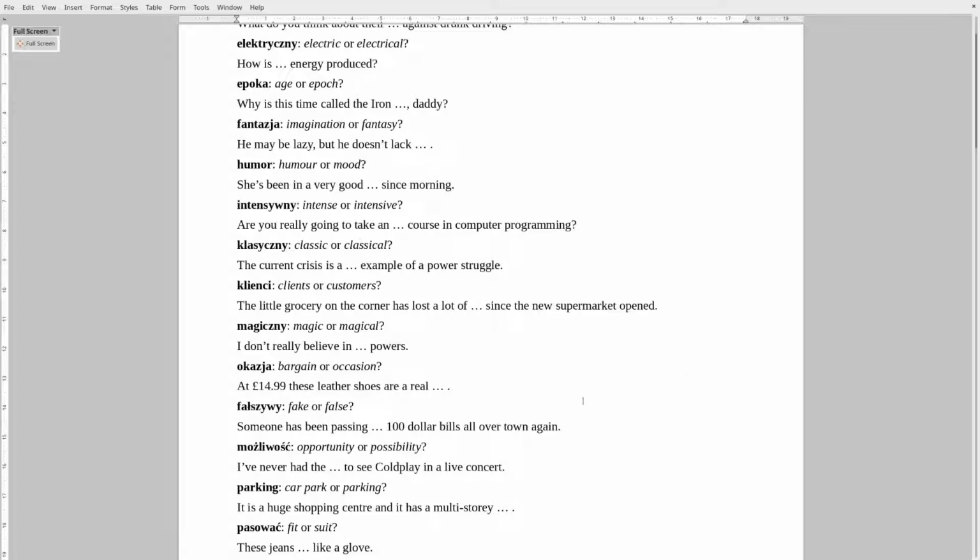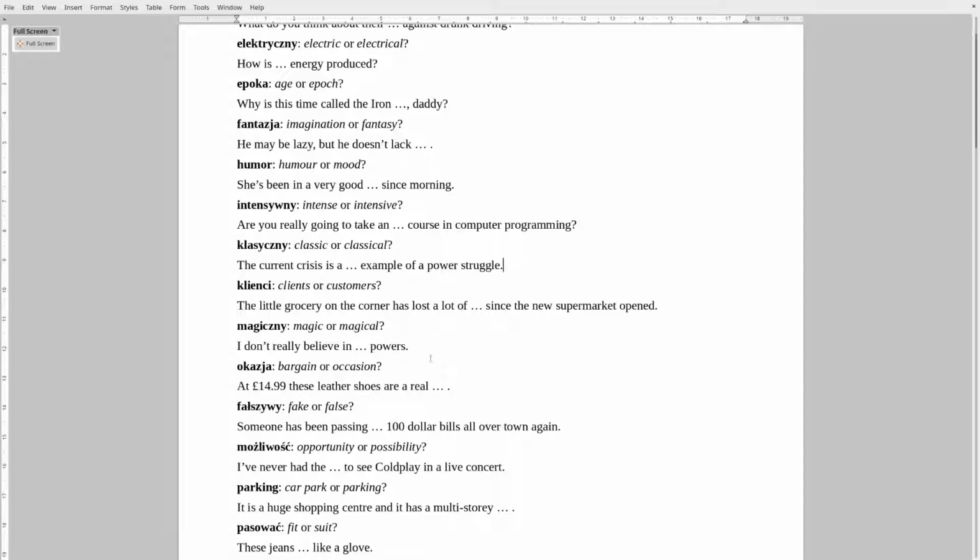Intensywny, intense or intensive. Are you really going to take an intensive course in computer programming? Klasyczny, classic or classical. Again, a similar situation to electric and electrical. The current crisis is a classic example of a power struggle, right? But you have classical music. Klienci, clients or customers.